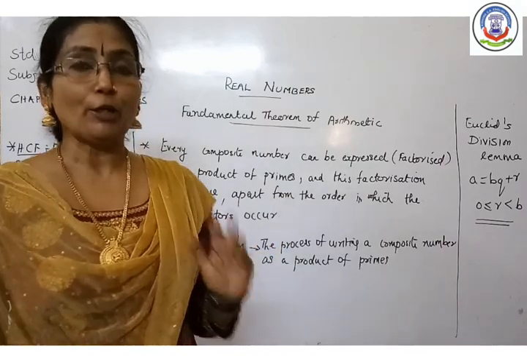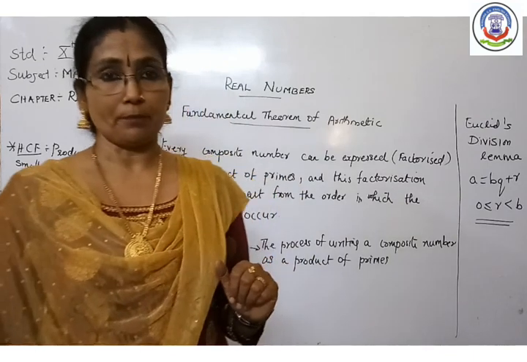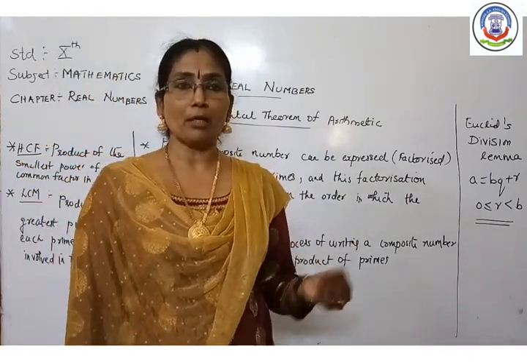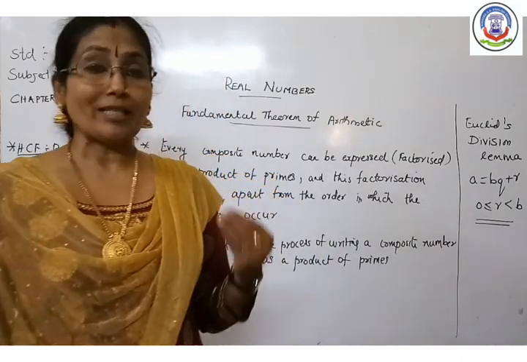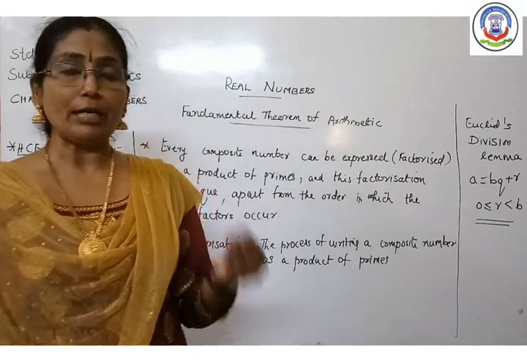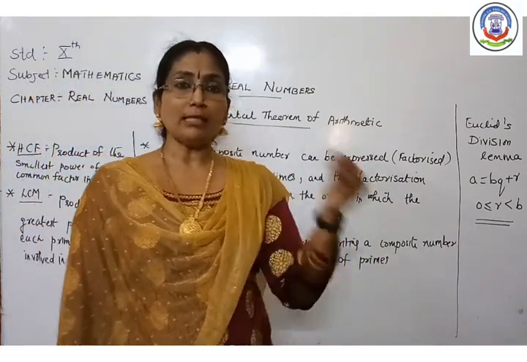Before this, I want to explain what is prime number and composite number. You might have learned in the smaller classes prime number and composite number. A prime number is a number which has only two factors: one and the same number itself.